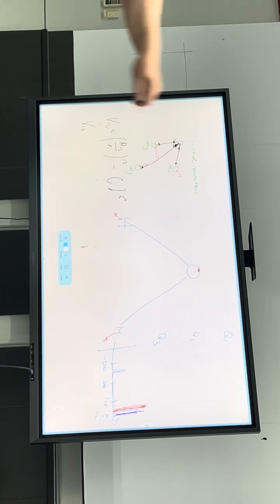Bending? No. It's not bending. Now this is symmetric. If it's not symmetric, what could it be? Exactly. Anti-symmetric.